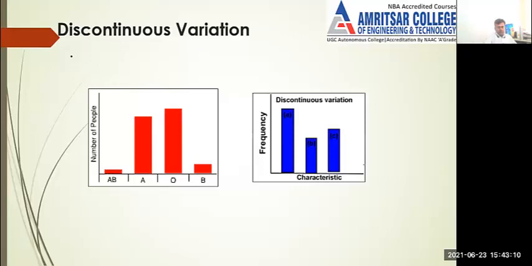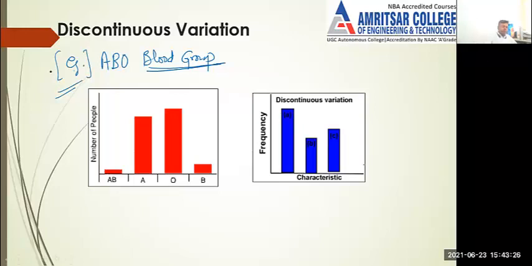What is an example of discontinuous variation? An example of discontinuous variation: ABO blood.